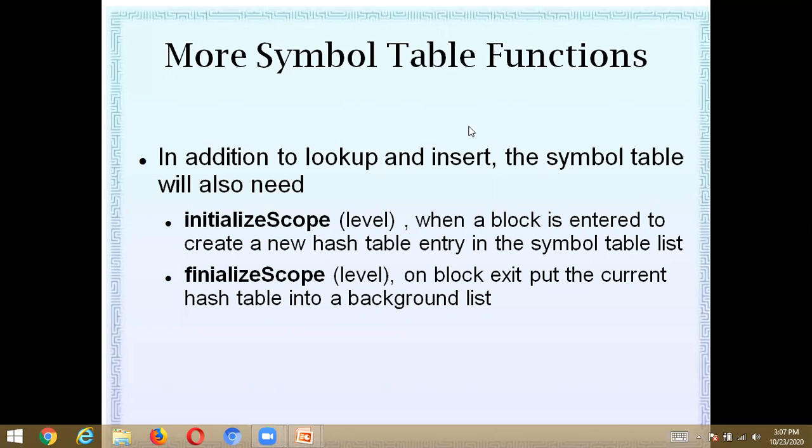And finalize means I want to exit from the block, so I will use finalize scope of level. On block exit, put the current hash table into the background list. By using this function, block exit can be done, and by using initialize scope, block entry can be done. So overall we are using two most important functions: initialize scope and finalize scope.